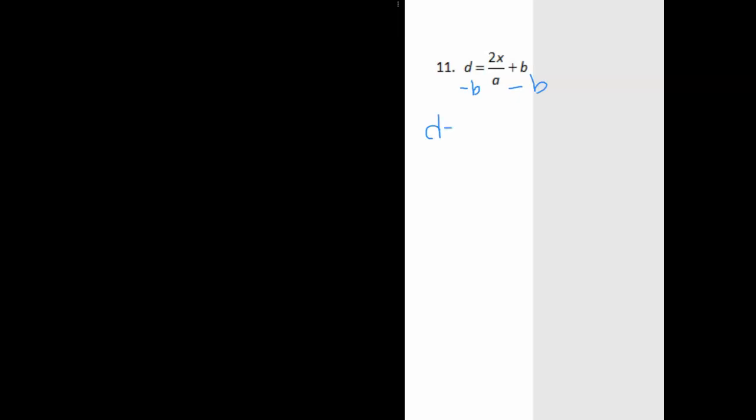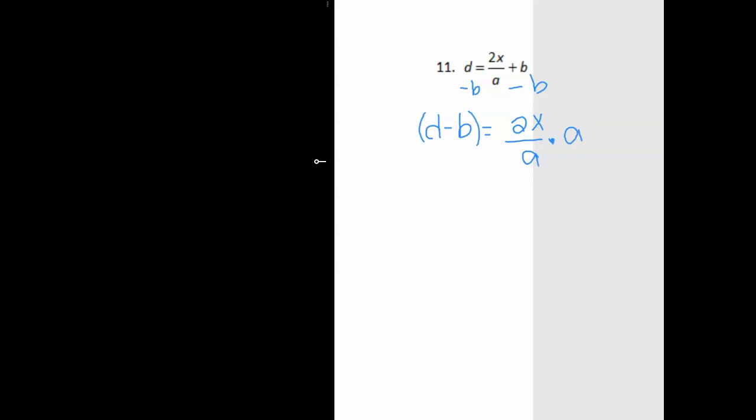So that gives D minus B equals 2X over A. We're trying to get X by itself. So if it's divided by A, we're going to multiply by A.